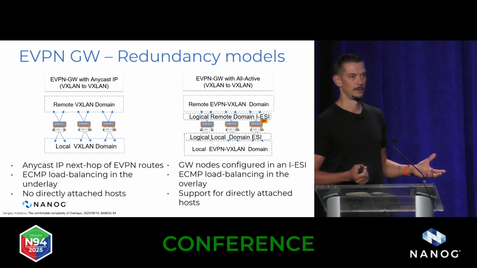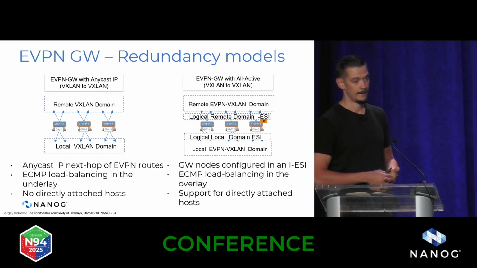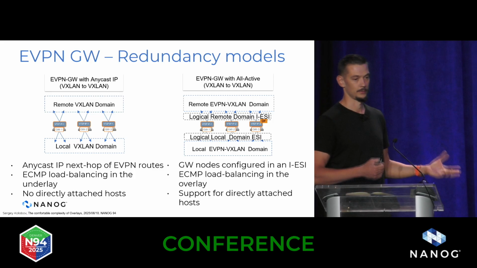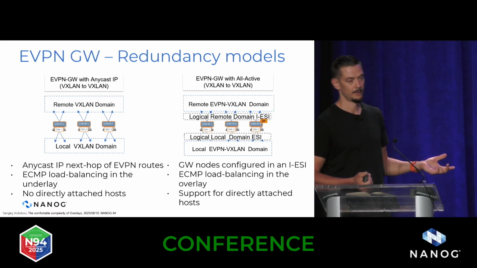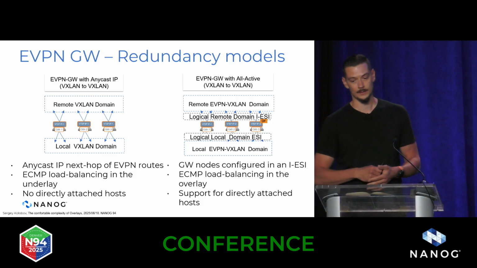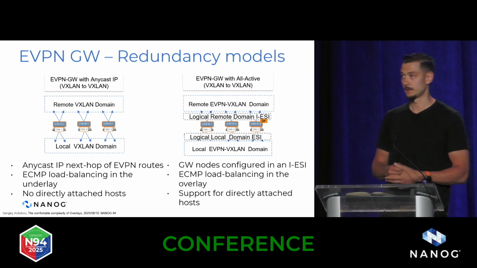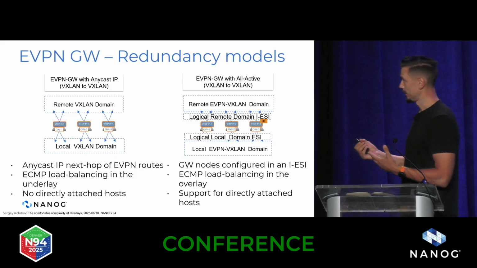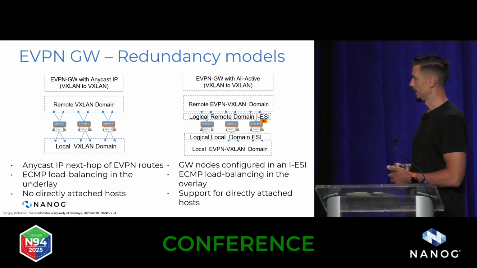It's about how many tools we have in the toolbox to address our specific use case. The difference would be whether you are able to support ECMP in the underlay versus overlay, and whether you can directly attach hosts to your gateways. Both are standardized approaches, and you can expect feature parity between them going forward as well.